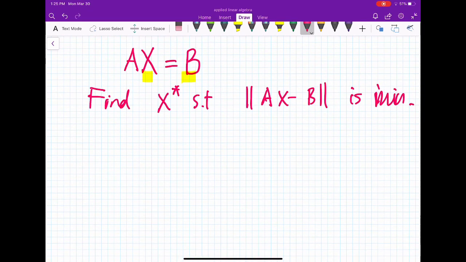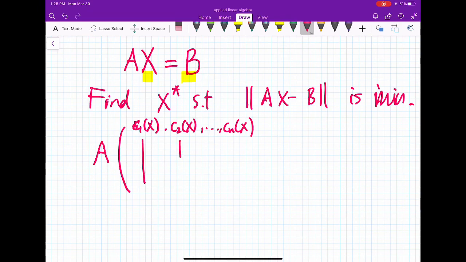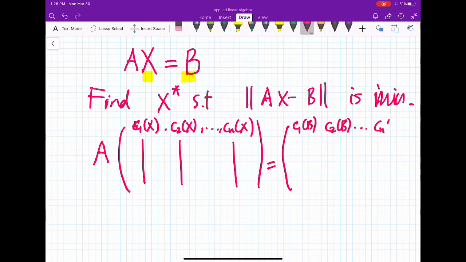So if you write A and then X, the first column C1X in here, the second column C2X in here, and so on, CNX, right? This is equal to B. I write in the following form C1B, C2B, and so on, CNB.